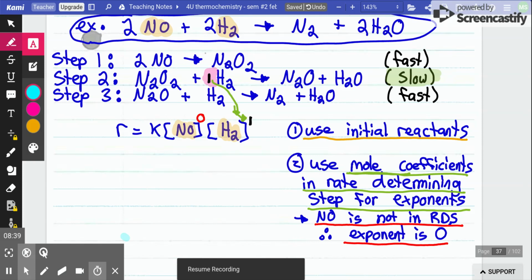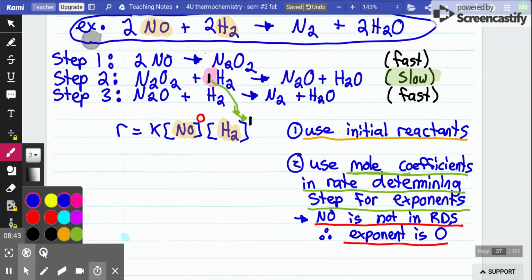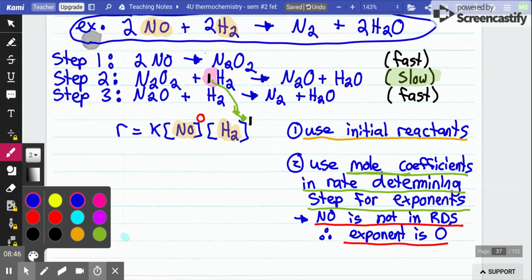The last thing, actually there's 2 more things to look at. The first thing is that we can simplify because when it's a 0 order reaction, we don't have to include it. So we can simplify this to R equals K times the concentration of H2. We do not need to show our 1s because we just assume they're there.